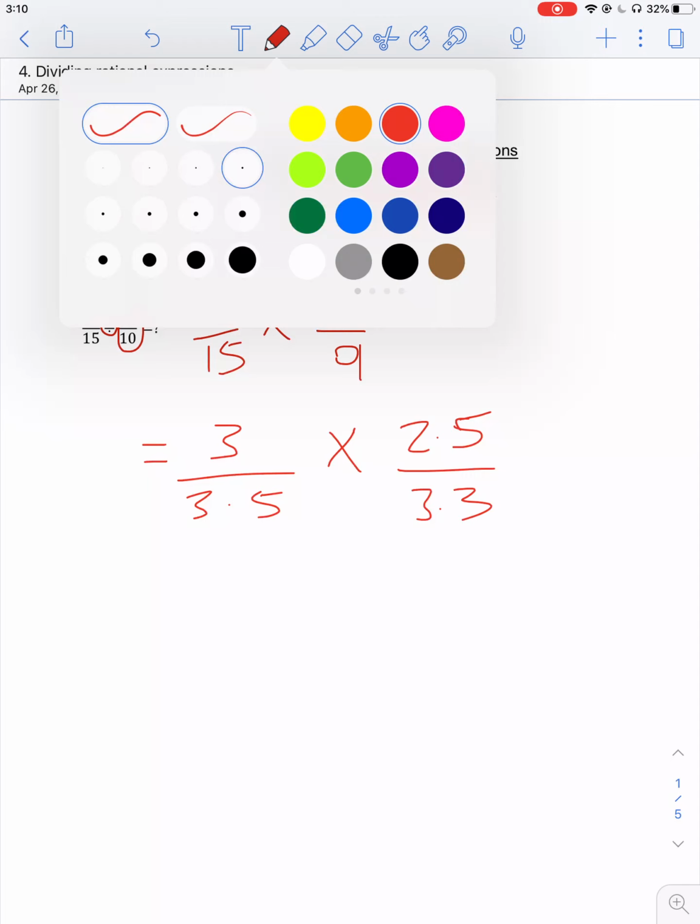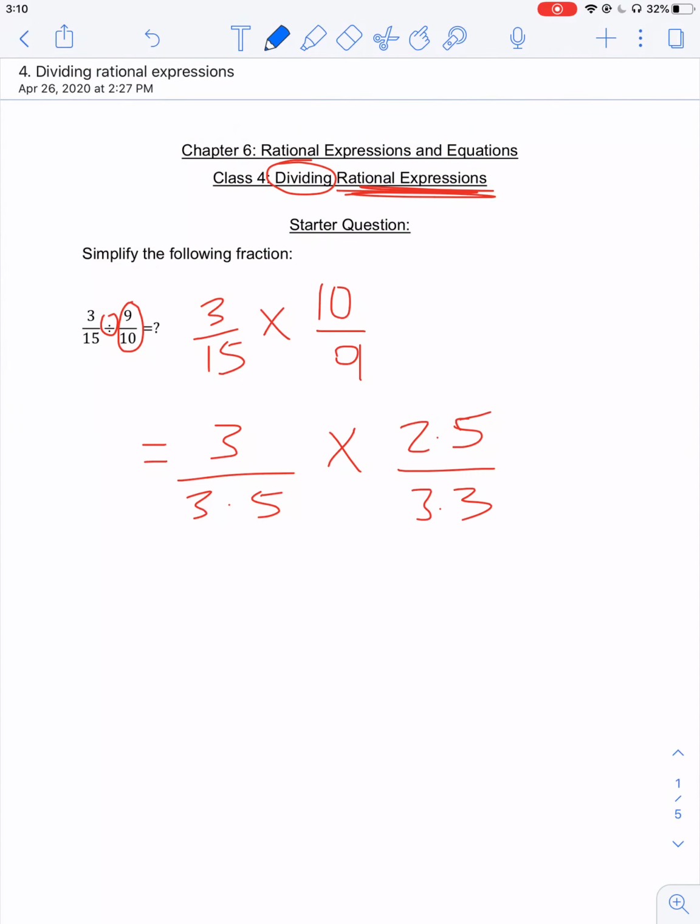And using the strategy from that last class, right, all you have to do is just find stuff in common and then cancel it out. Okay, so 3 cancels with this 3, this 5 cancels with that 5, and the only terms that survive are 2 and 3 and 3, right? So that means this will become 2 over 9, okay? So this class should look just like yesterday's class, right?